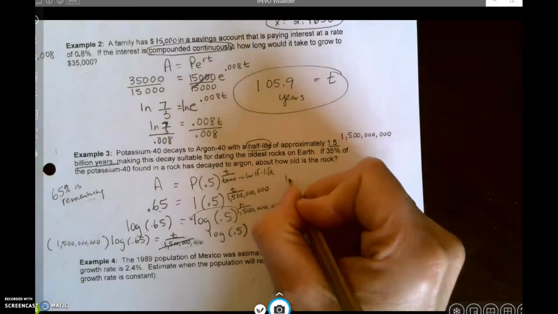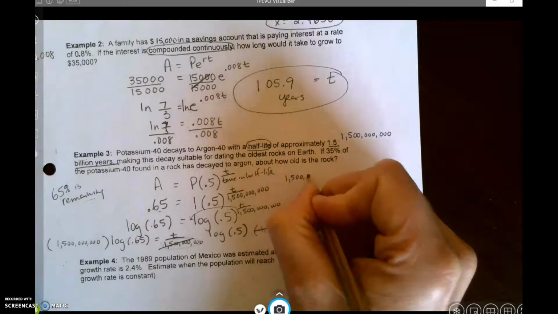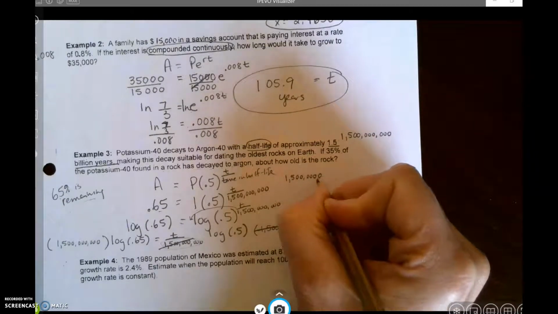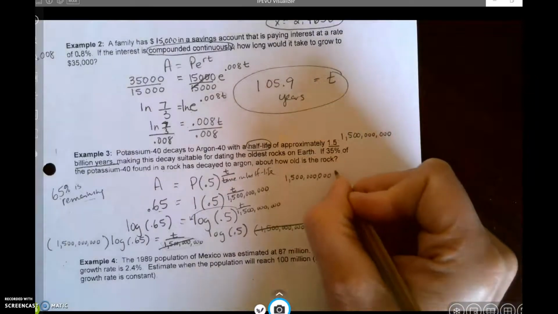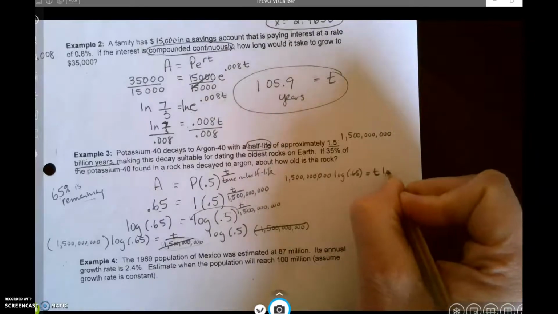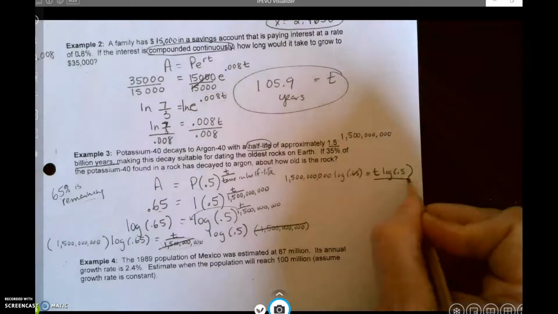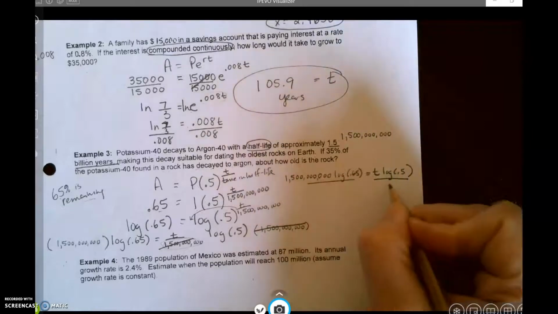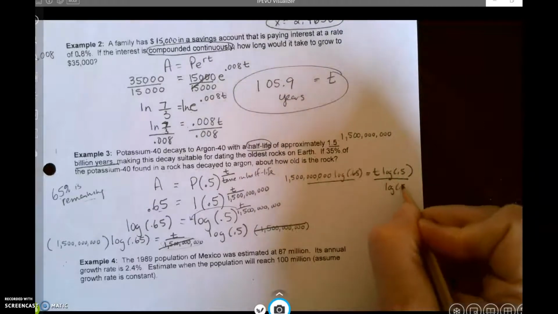So I have 1,500,000,000 log of 0.65 equals t times the log of 0.5. Well, I'm solving for t, so I'm going to divide both sides by log of 0.5.